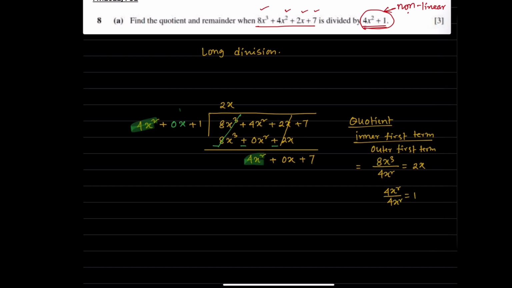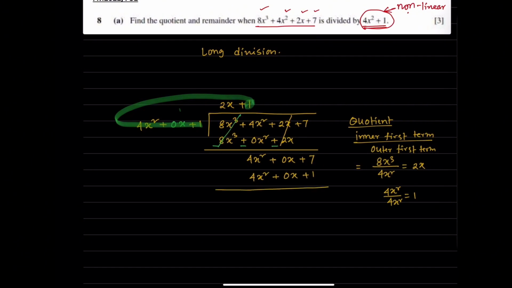So we write plus 1, and then multiply this second quotient by the whole divisor. 4x square times 1 is 4x square, 0x times 1 is 0x, and 1 times 1 is 1.